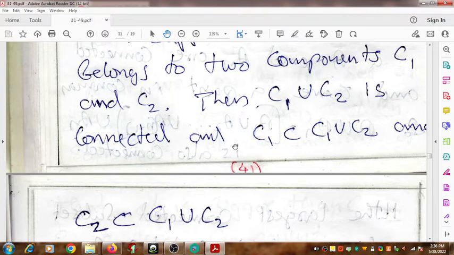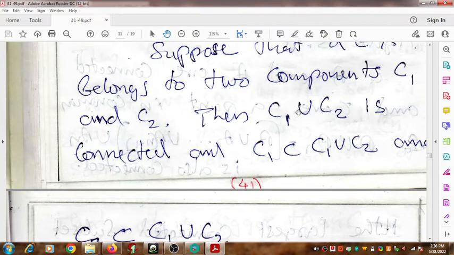This contradicts the maximality of the components C1 and C2. Since C1 and C2 are components, they are of maximal size, so they cannot be contained in a bigger component of the topological space.